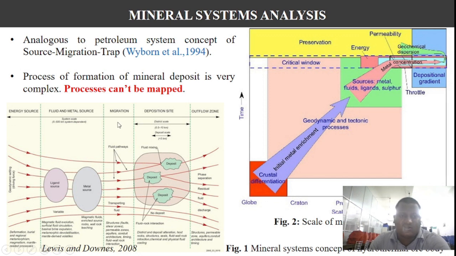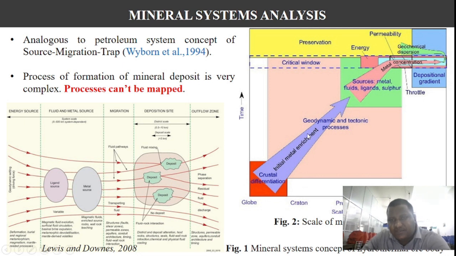Under migration or pathway parameter, we talk about the structural discontinuities through which the metal bearing hydrothermal fluid can migrate up to the surface, which includes faults, fractures, etc. And under deposition site or trap or precipitation parameters, we talk about various metal precipitation mechanisms such as phase separation, change in temperature and pressure, change in pH, Eh, fluid mixing, etc.